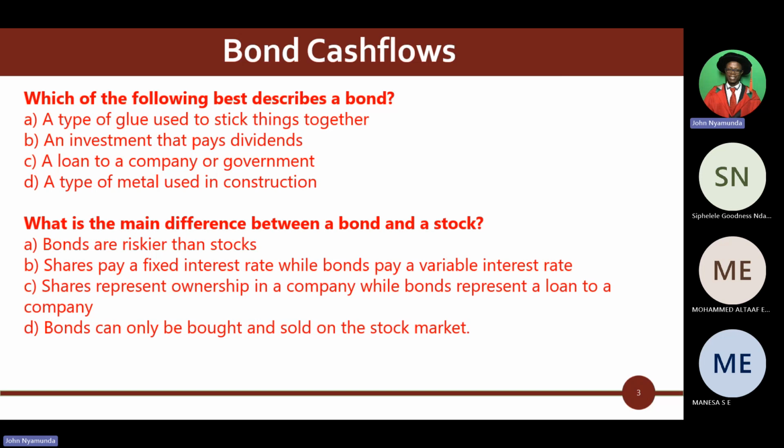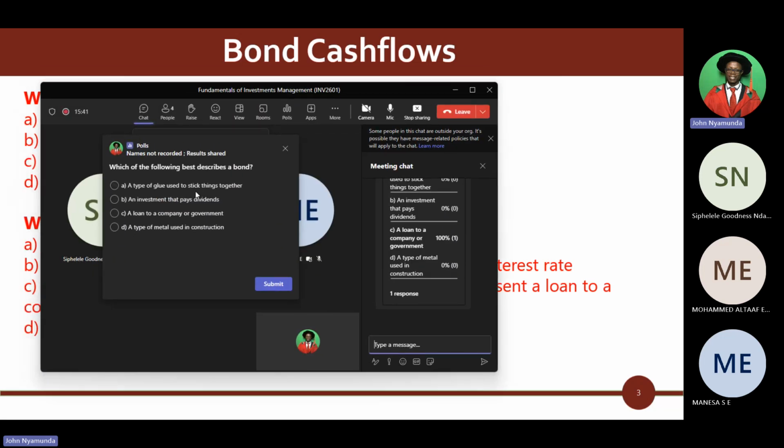Which of the following best describes a bond? Make your choice. If you don't see the pop-up, put it in the chat, and then off we go. Ladies and gentlemen, in case you are not seeing, there should be a pop-up like this one. See that thing which shows up, then you make your choice.